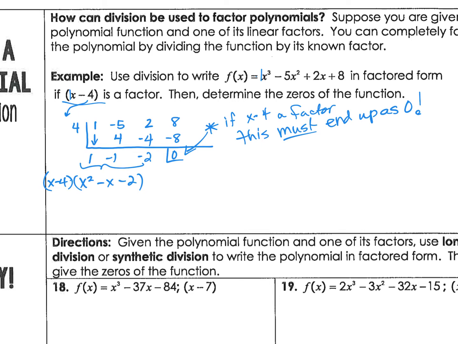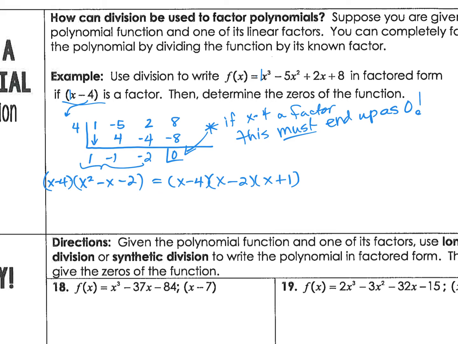Well, guys, x squared minus x minus 2 will factor. What two factors of negative 2 add up to negative 1? Negative 2 and positive 1. So that means this now becomes x minus 4, and this part becomes x minus 2 and x plus 1. Boom.